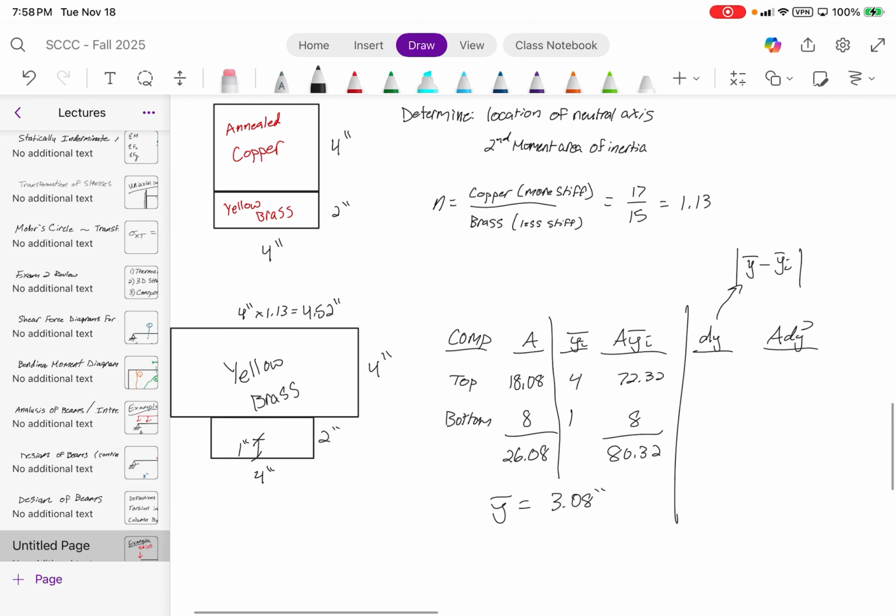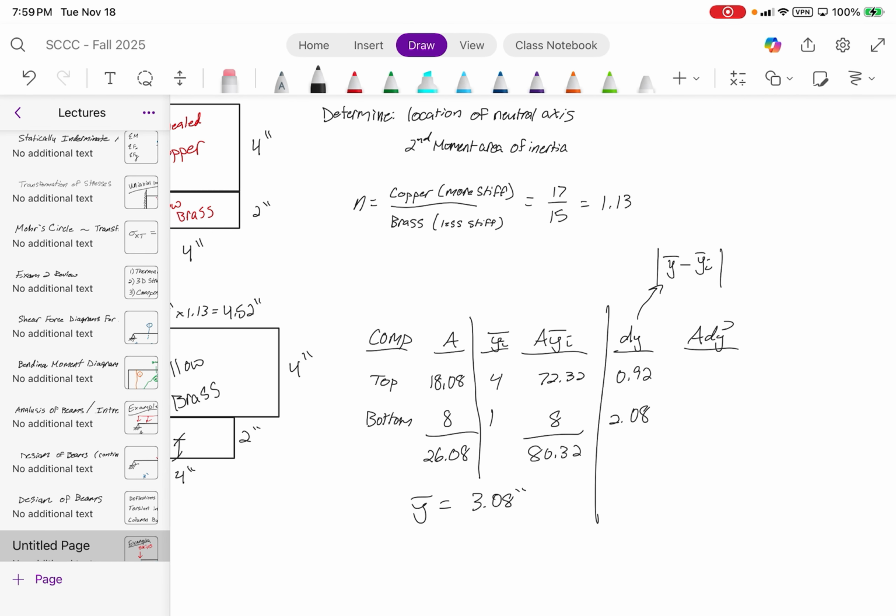So 3.08, there we go. 4 minus 3.08, I get 0.92, and then 2.08.